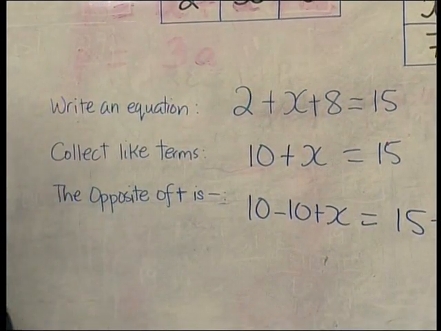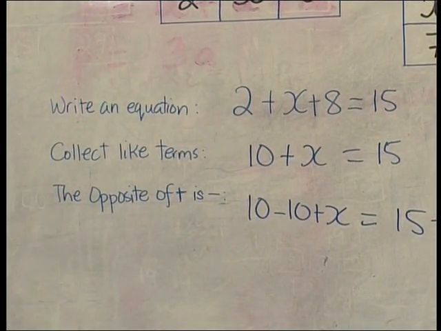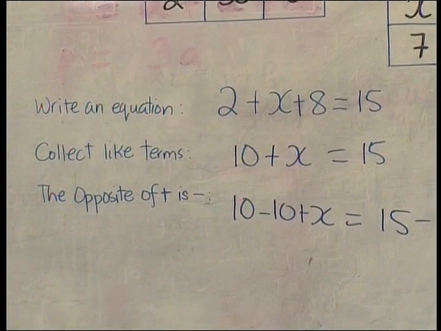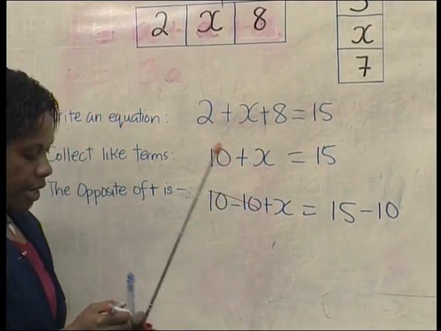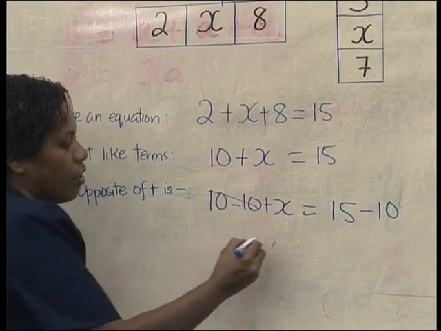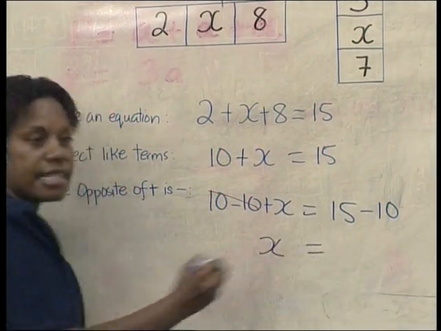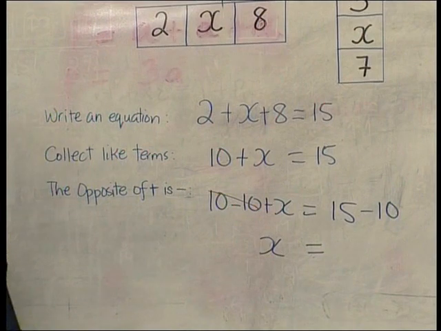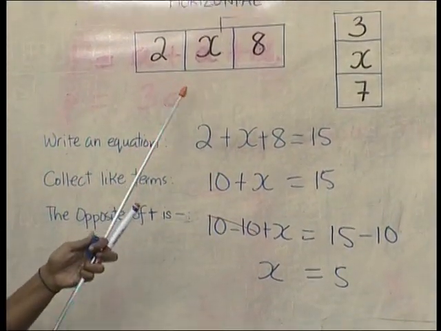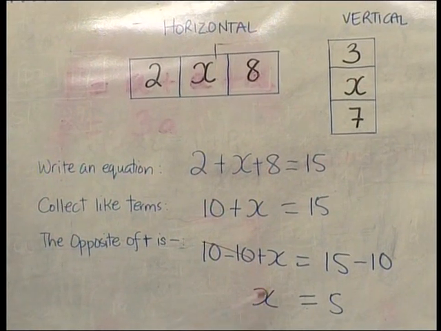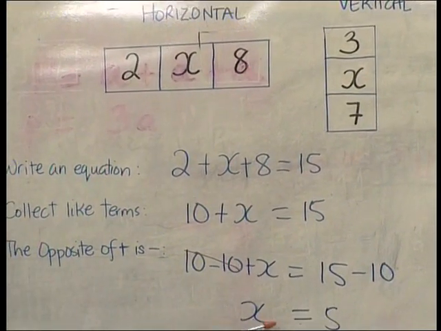So now we can cross off. We have X on its own, and 15 minus 10 is 5. So you see, we've already found the value of X here, which is 5, horizontal line.